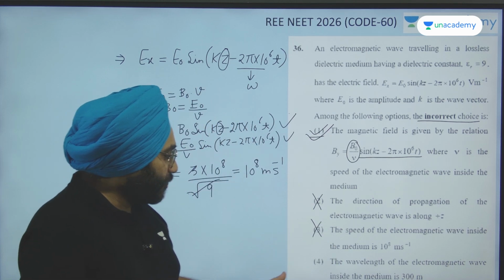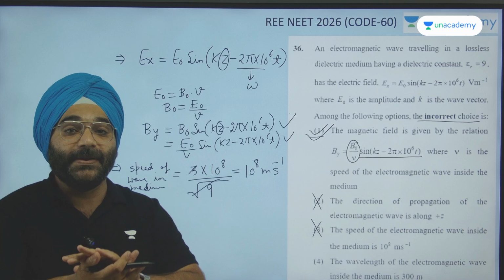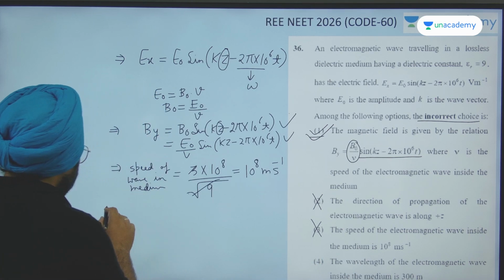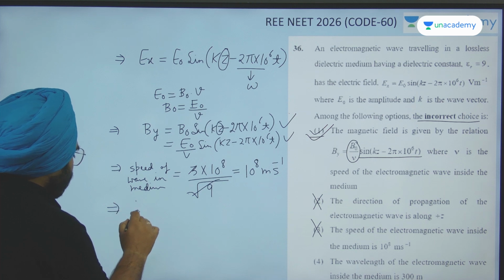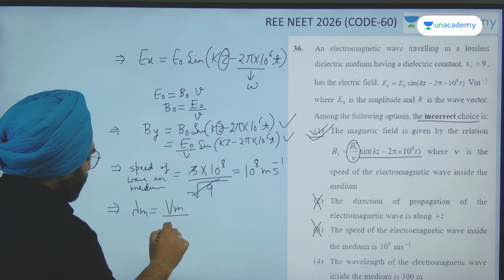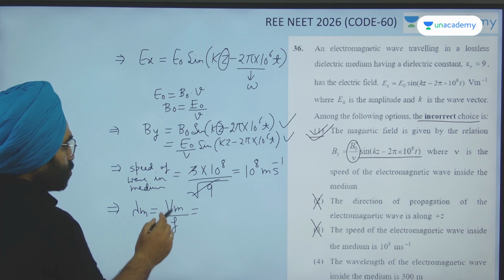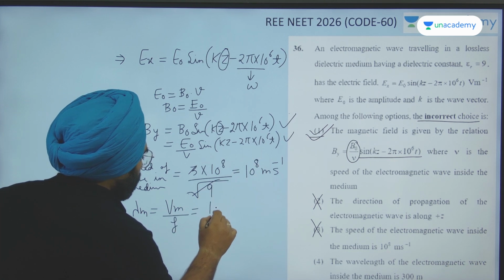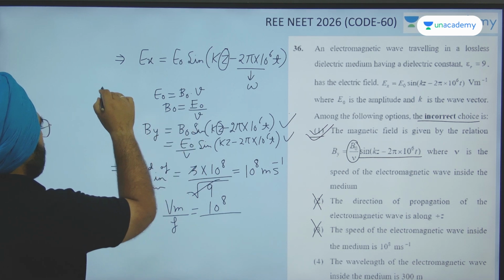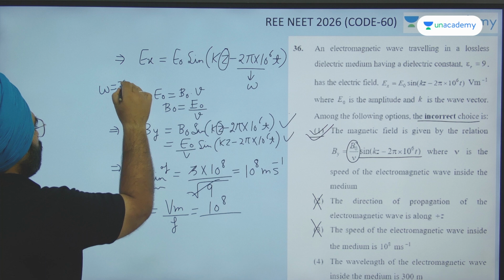Fourth option, the wavelength of the EM wave inside the medium is 300 meter. Okay, now what we have to check here? If we have to check the wavelength in a medium, that will be what? Velocity in the medium divided by frequency. Okay, so velocity in the medium we have already found, 10 raised to power 8 divided by frequency. Now which formula we can apply? Omega equal to 2 pi frequency.